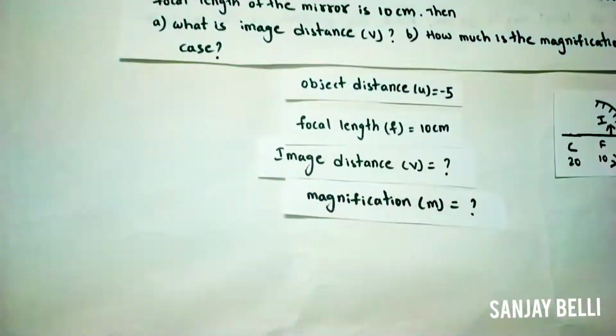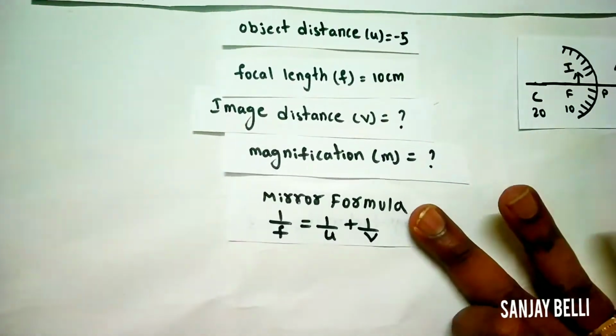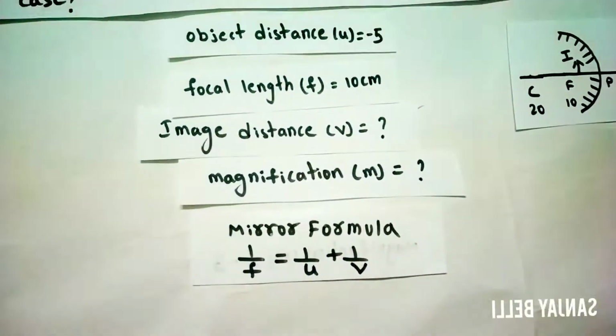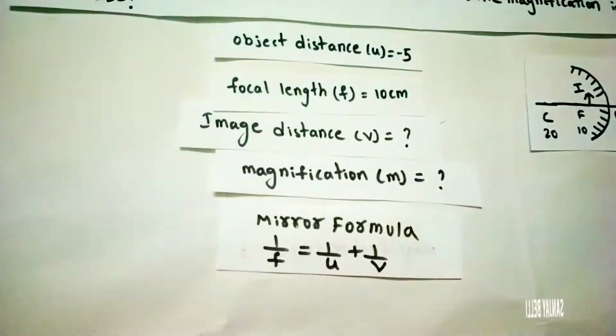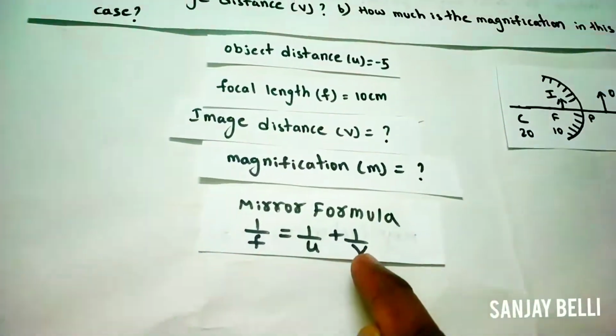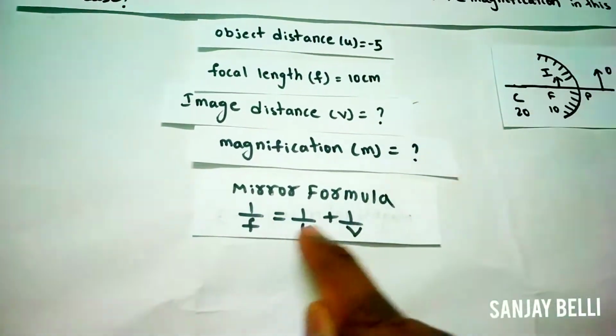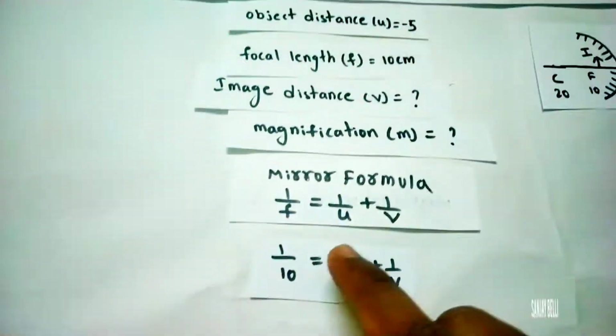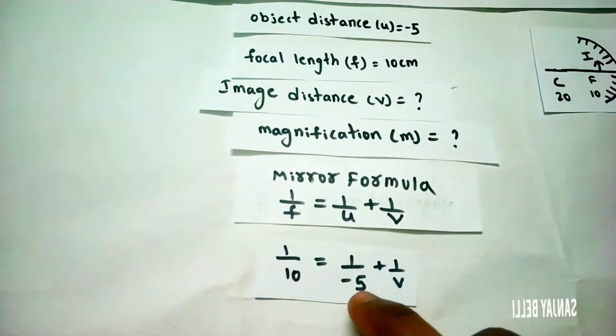Now we solve this problem by using the mirror formula, 1 by f equals 1 by u plus 1 by v. Substitute the values of f and u to obtain v. Here f is 10 centimeters and u is minus 5 centimeters.